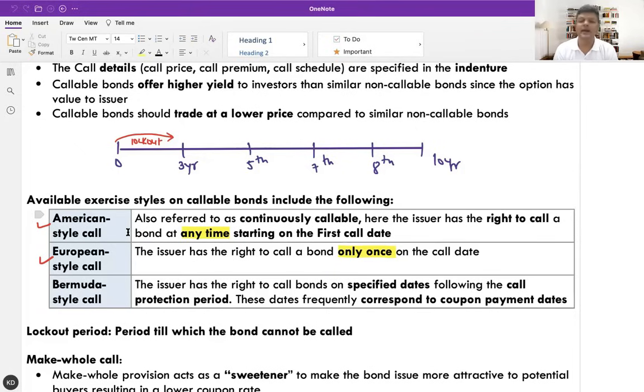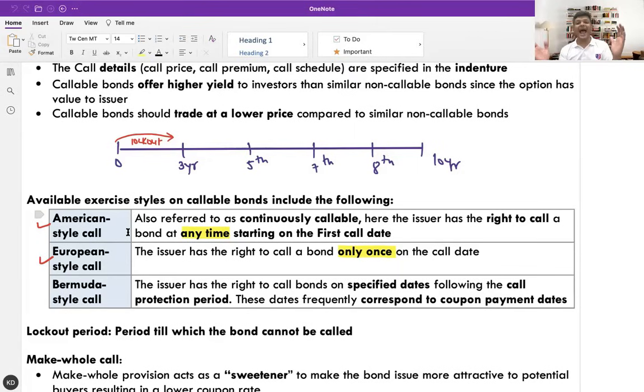American, because that's more flexible, right? But that's not better for the investor. The investor will not want to get into an American bond where they have no idea when the bond will be called back. It's so uncertain. So there's a fight between American and European. The issuer wants an American bond, the investor wants a European bond.